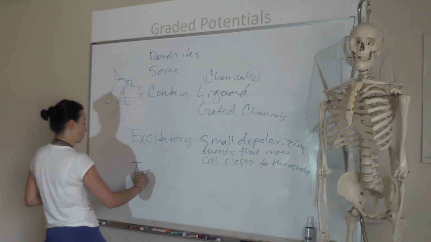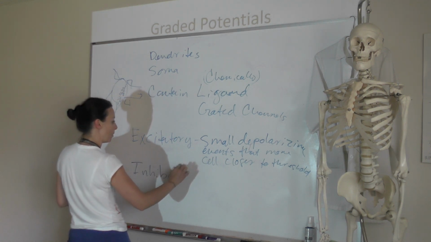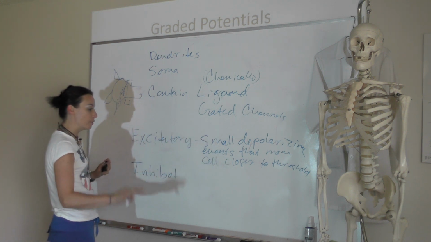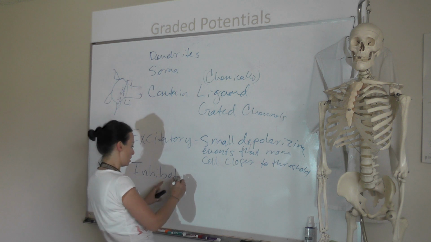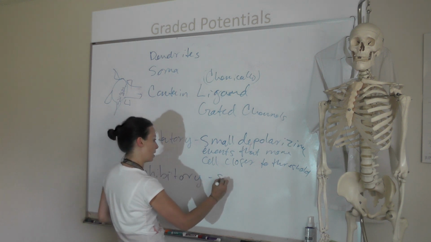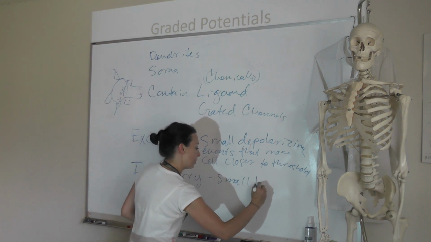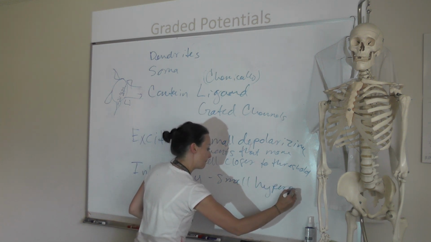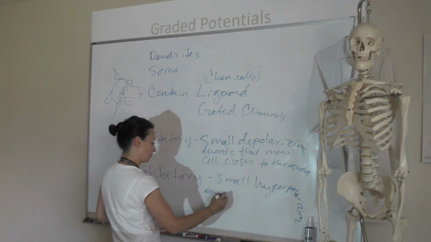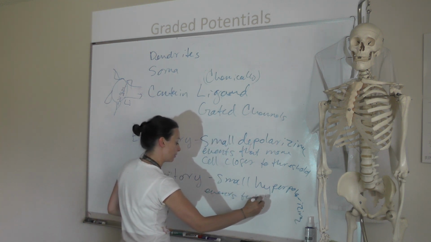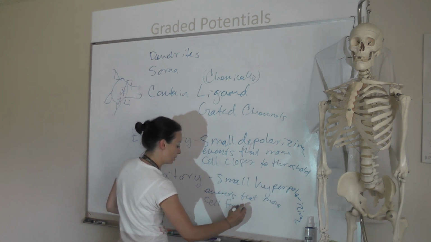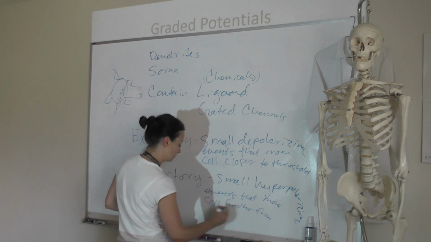The inhibitory ones are small hyperpolarizing events that move the cell further from threshold.